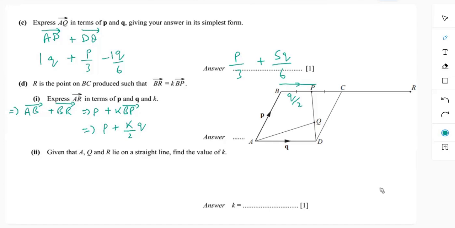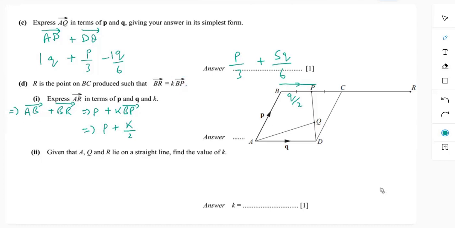It's just P plus K over 2 times Q. Shan is saying the same thing. That's why I just got confused. Two people getting the same result. That's not what it says, right? It says BR is equal to K times BP. What do we have here?